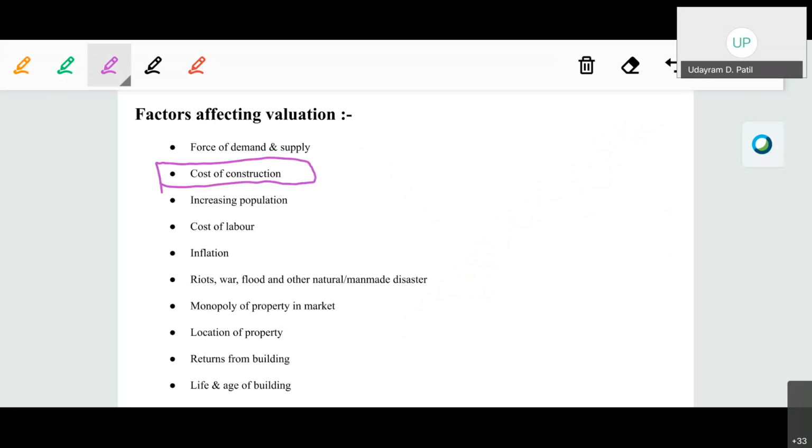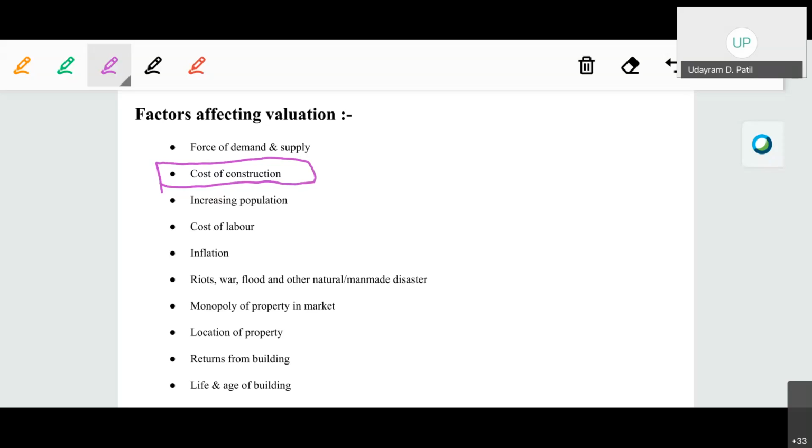It is not dependent on the cost of construction to too great an extent, still the cost of construction will be a variable factor for a newly built building. As a contractor, whatever amount I have invested, I will have to recover that amount from the selling value, otherwise I am going to be at a loss.